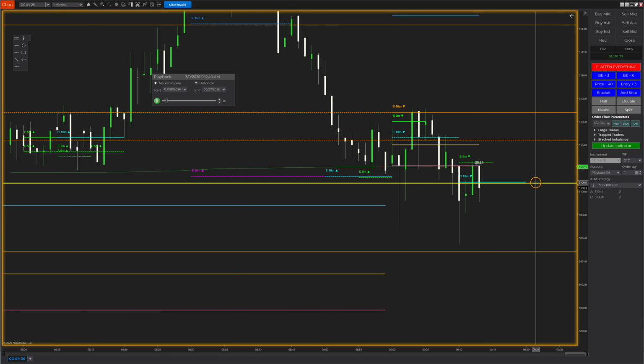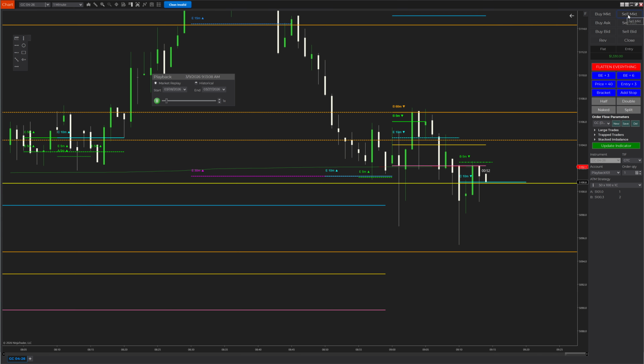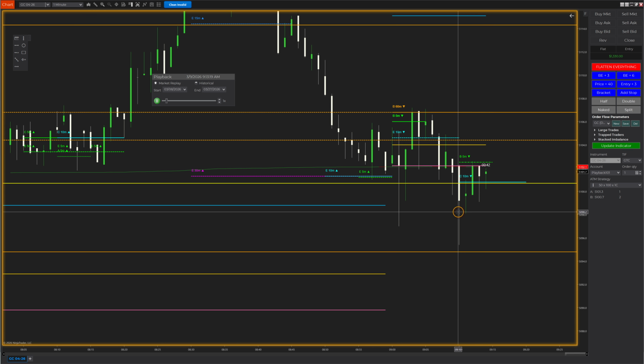It really likes this 4-hour level. It's really respecting it. We do have a 5-minute, which I like. I think I would need to see this close below there. I mean, this wick is pointing up.